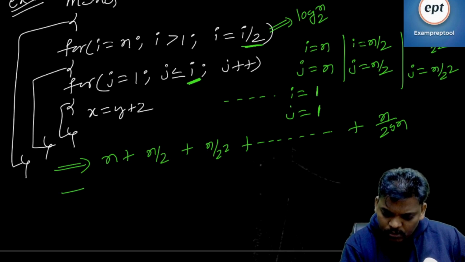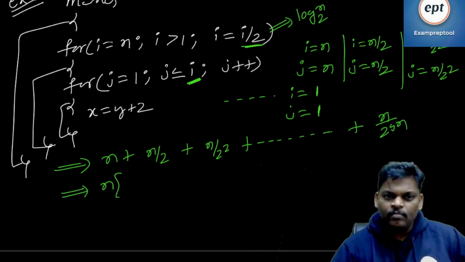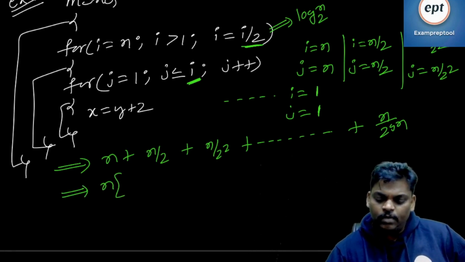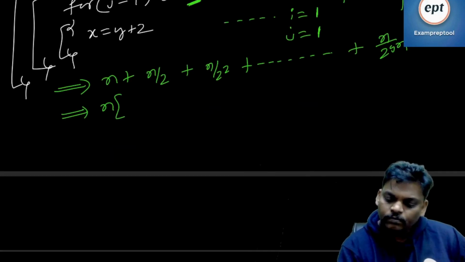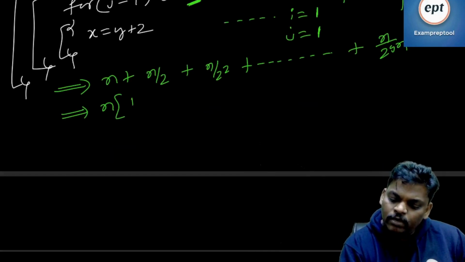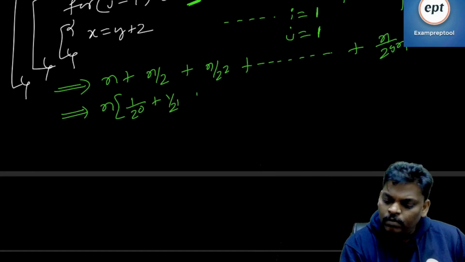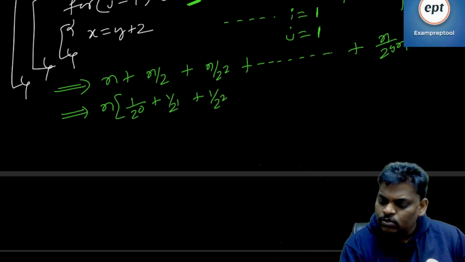Now if you observe clearly, n common. Let me take n common. It's going to be 1 by 2 power 0, 1 by 2 power 1, 1 by 2 square, and so on.